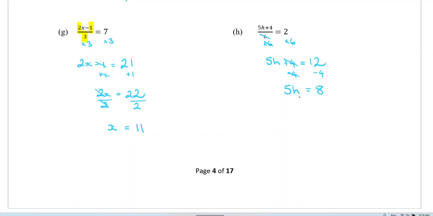Then, to get rid of the 5, we divide by 5. And this time, we can't divide 8 by 5 and get a nice number. So we can leave it as 8 over 5, or we could change it into a mixed numeral, which would be 1 and 3/5.